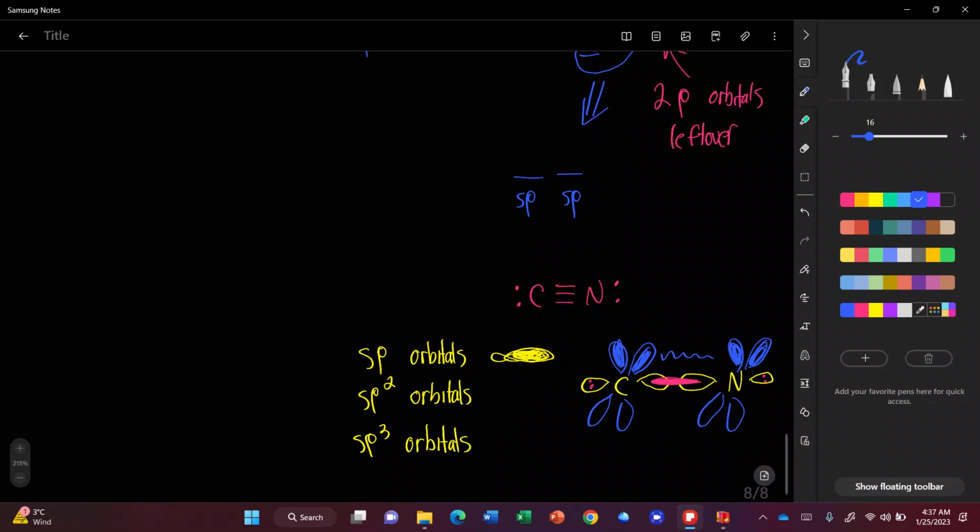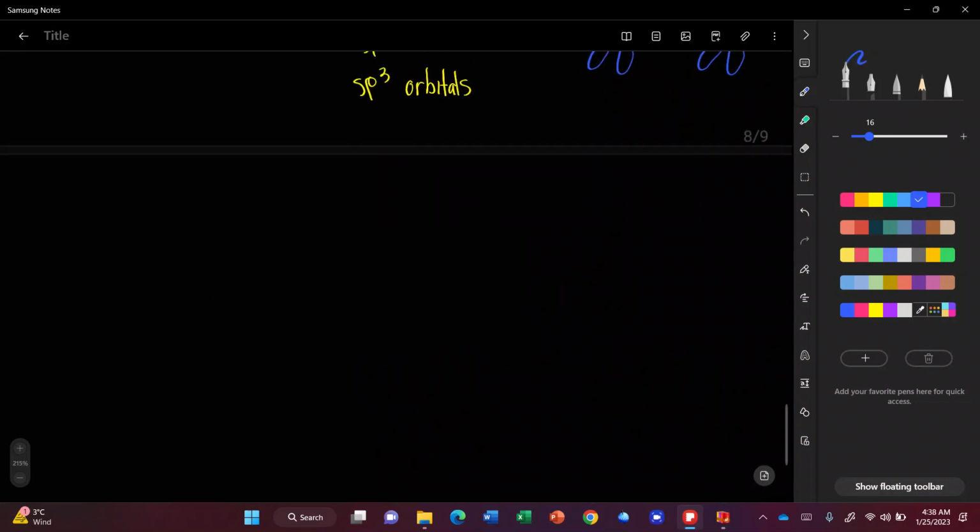So now you guys know that whenever you see a triple bond, it means that something is sp hybridized. Let me make this a new page. When you have a triple bond, it means that you are sp hybridized.